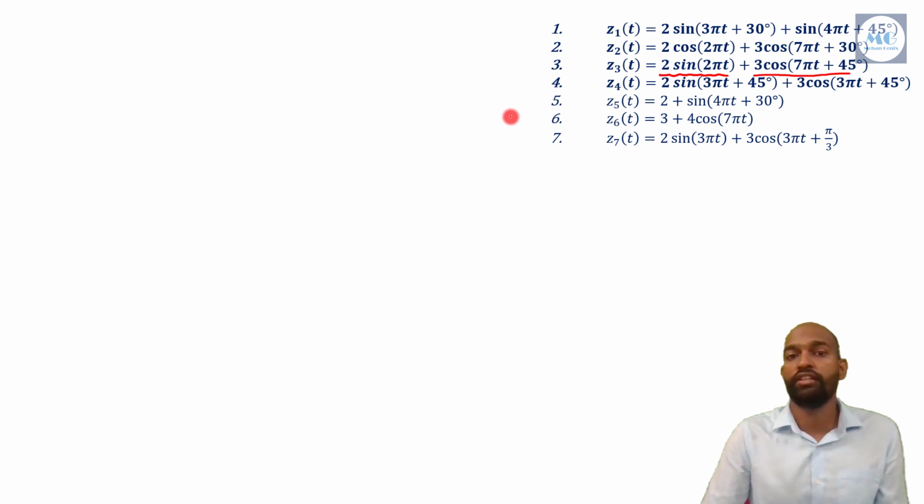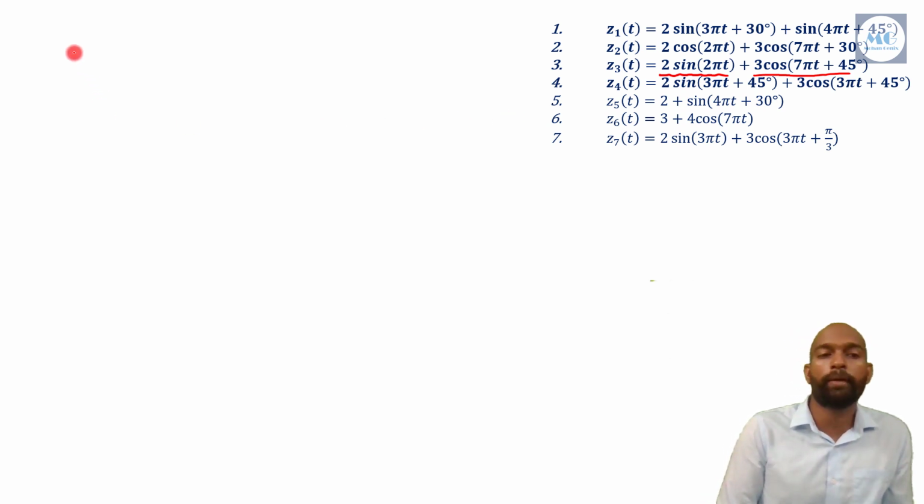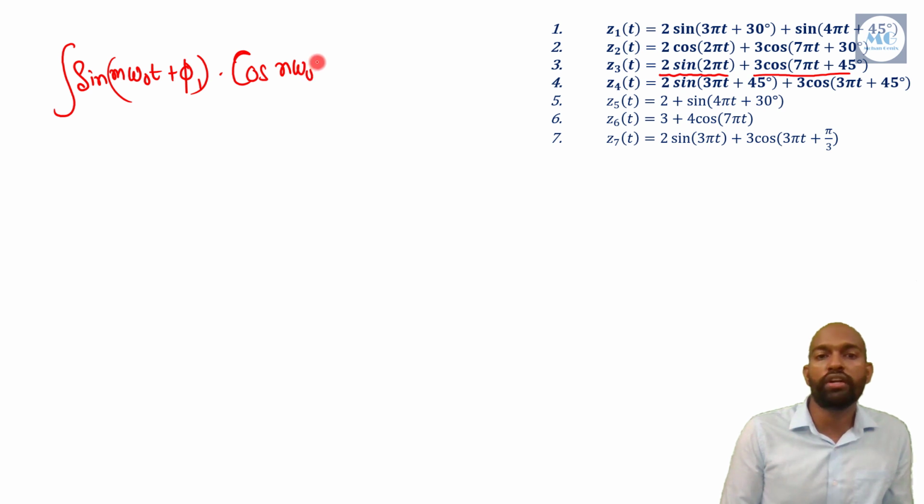So for this we have another trigonometric formula, that is the integral of sine(m omega naught t plus phi 1) into cos(n omega naught t plus phi 2) dt is equal to 0. Obviously the integration limit is the fundamental time period.